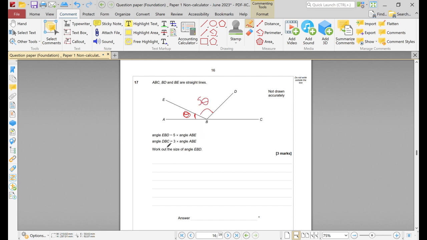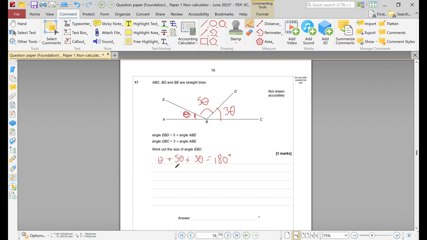Then DBC is 3 times theta. So now these are going to have to add up to 180 because it's a straight line. So theta plus 5 theta plus 3 theta is equal to 180 degrees.